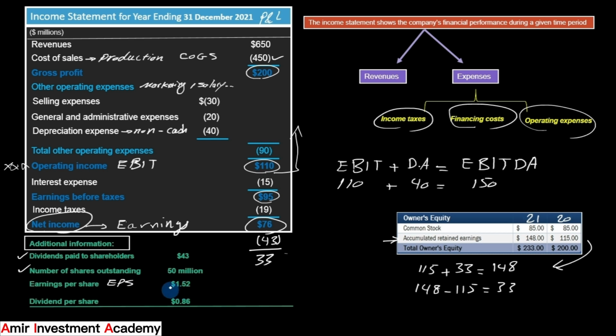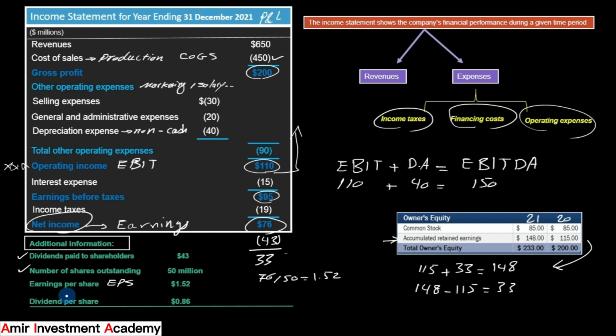How did we get this number? Very easy. We came up with the earnings of 76 million. You divide that by the total number of shares outstanding, which is 50 million, and you end up with 1.52, which is your EPS.